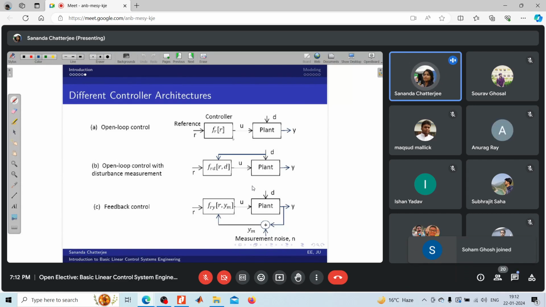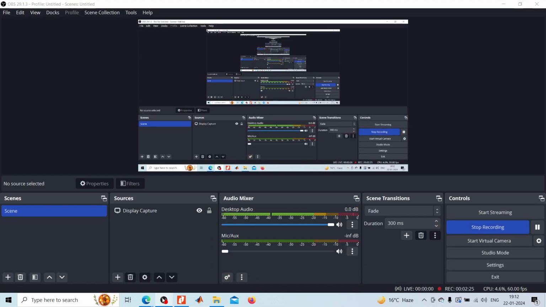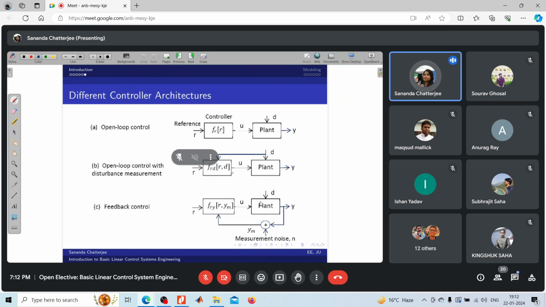And from that we discussed that if we know the model of the disturbance, we will have a better design for the controller structure, which will take the reference signal and the disturbance signal into the design criteria of that controller, so that it will design u based on the r and d signals.